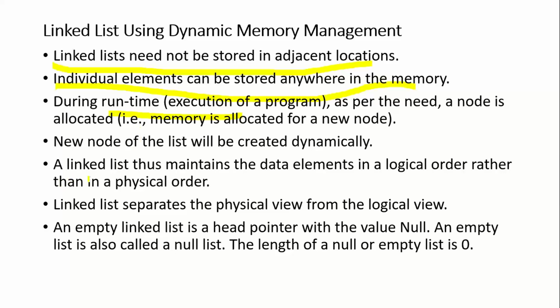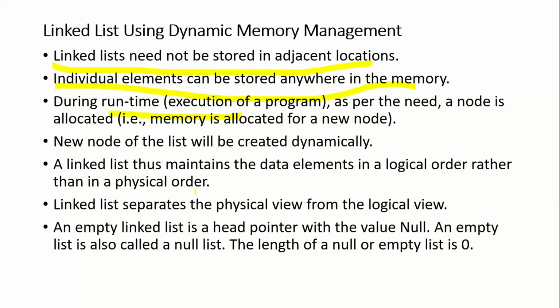So a linked list maintains the data elements in a logical order rather than a physical order. Physical order means maintaining them in consecutive sequential locations. But here we are storing the elements wherever we find empty space, but still they are in order.